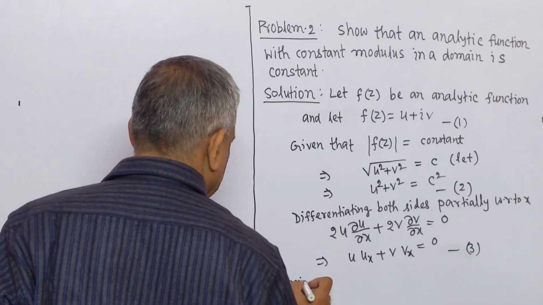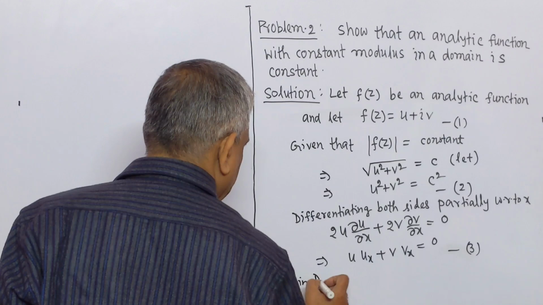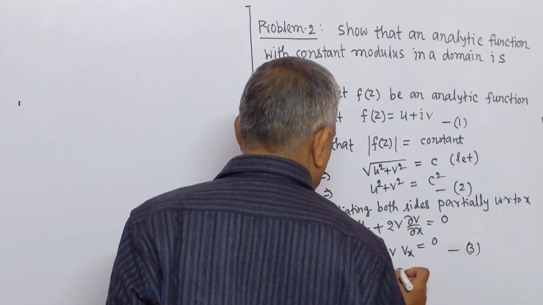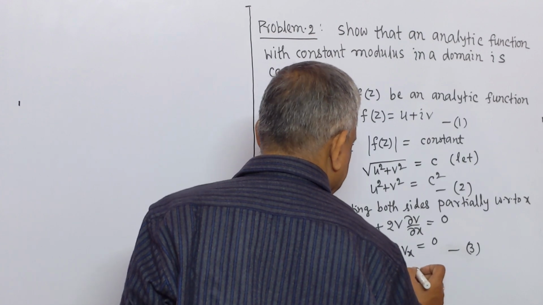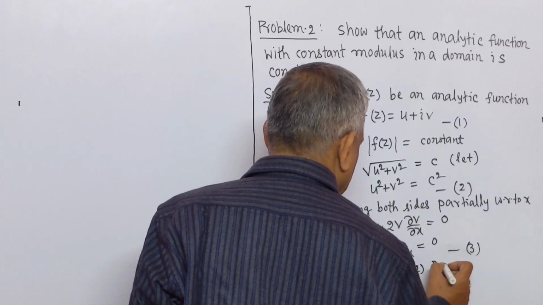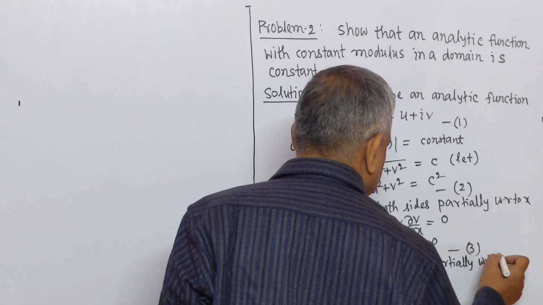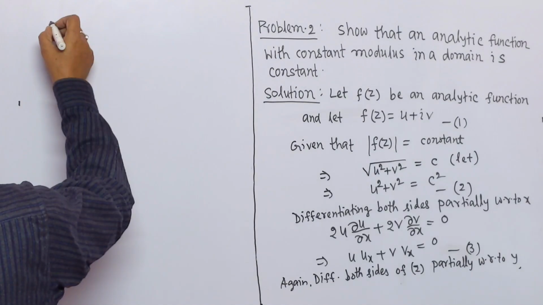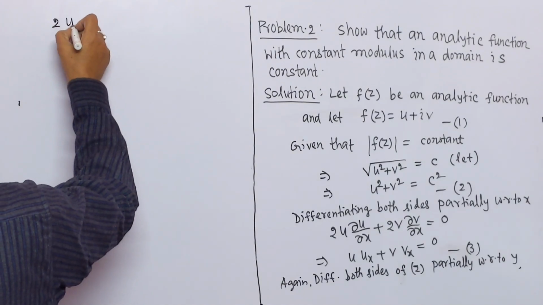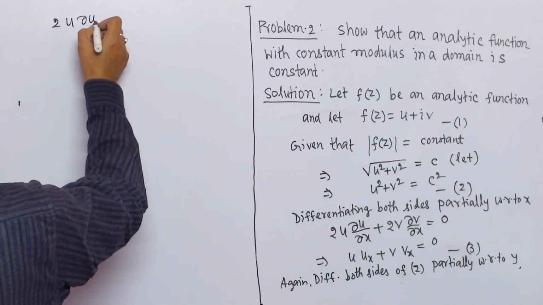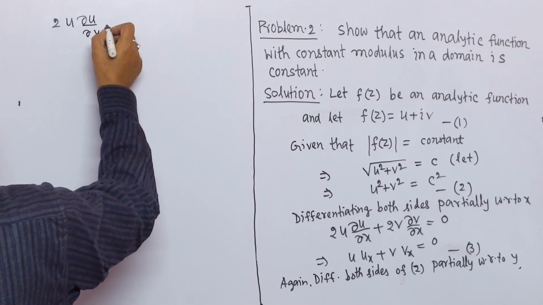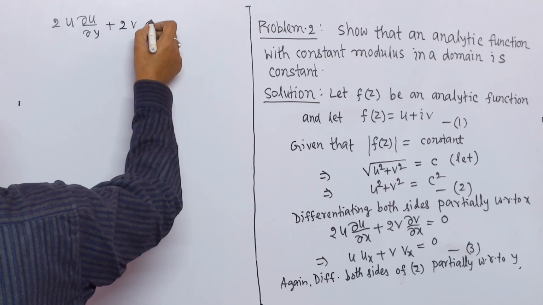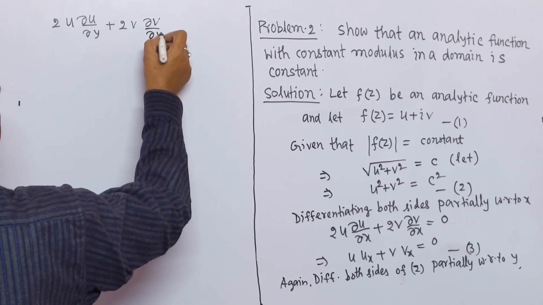Again, differentiating both sides partially with respect to y, we get 2u times the partial derivative of u with respect to y plus 2v times the partial derivative of v with respect to y.